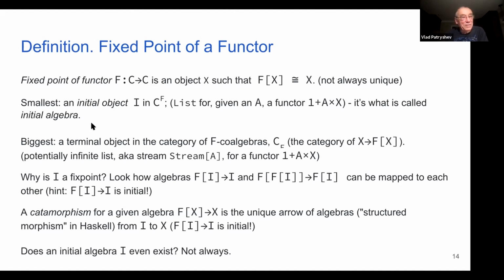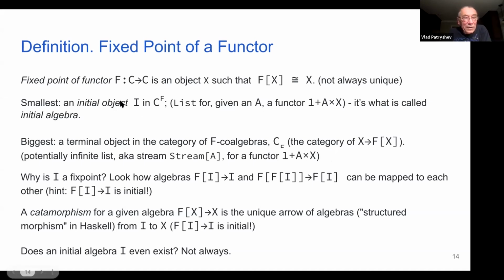There's also the biggest possible fixed point, but it's a tricky thing. It's a terminal object in the category of F-coalgebras, and it's denoted like this. And in the case of the functor that multiplies by A, the terminal object is an infinite list, like, what? Well, a stream in Scala, right?